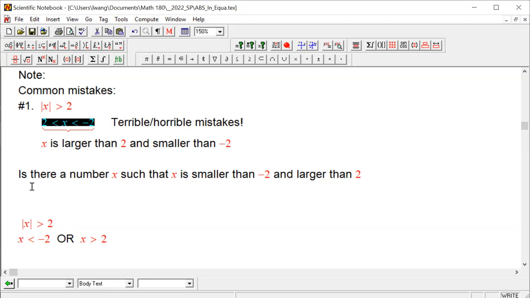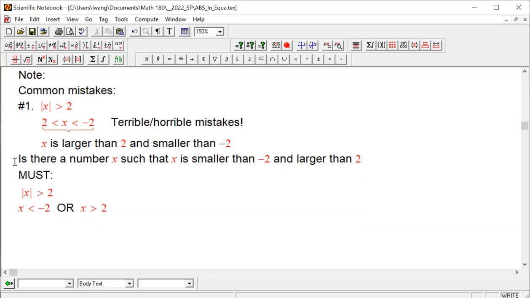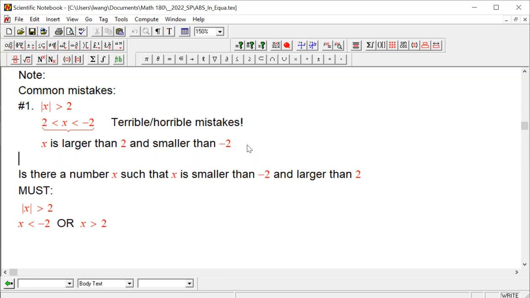Okay, so that's why this inequality is a terrible, horrible mistake. You must write it this way. So this is the first common, terrible mistake. You need to understand the rules of mathematics.